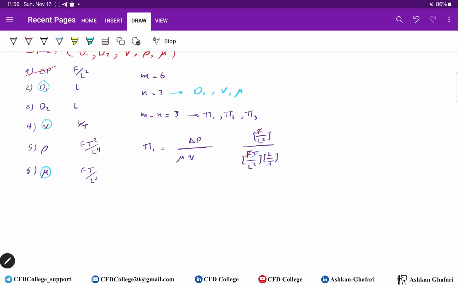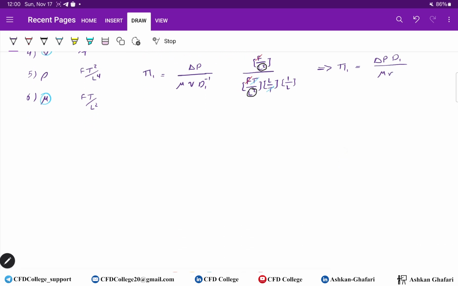And to deal with this L squared, we need L in the numerator, which means we need D1 to the power of minus 1. So pi 1 equals delta P D1 over mu V.